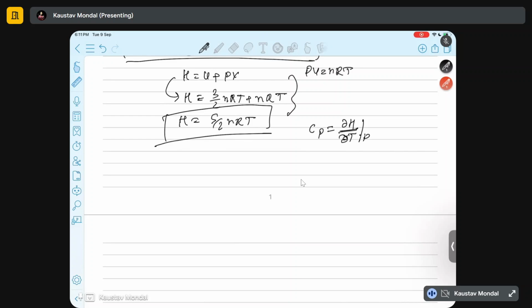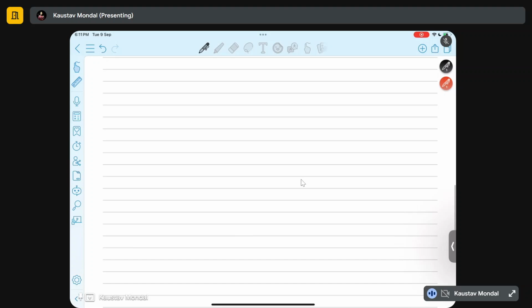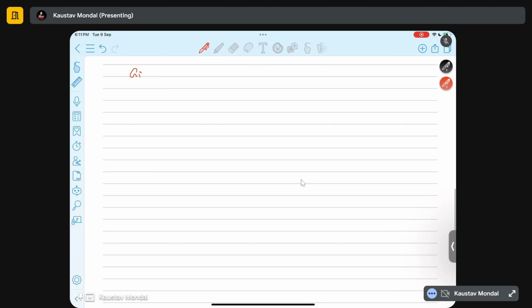Next, a very important quantity that we have discussed is the Gibbs free energy. Gibbs free energy is a very important quantity when you want to know whether a process is spontaneous or non-spontaneous. You have to first check whether this Gibbs free energy at constant pressure and temperature is less than 0 or not.